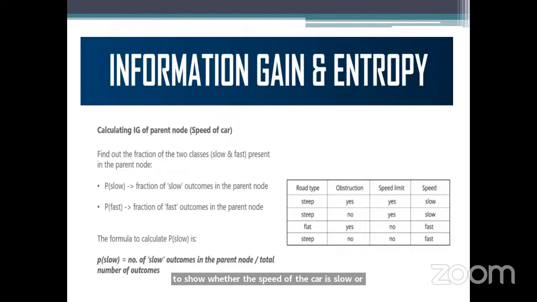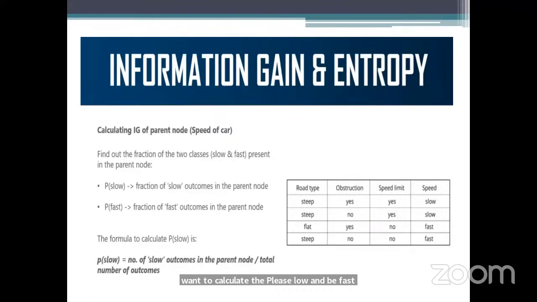To find out the information gain of the speed of the car variable, we'll go through a couple of steps. Now, we know that there are 4 observations in the parent node. First, we have slow, right? You can see here speed, slow. Then steep, that is slow. Then fast. Right? So, out of these 4 observations, we have 2 classes. 2 observations belong to slow and 2 observations belong to fast. That's how we calculate P slow and P fast.